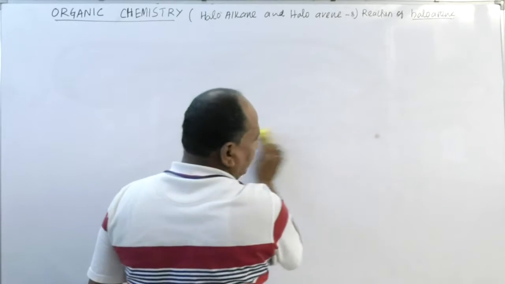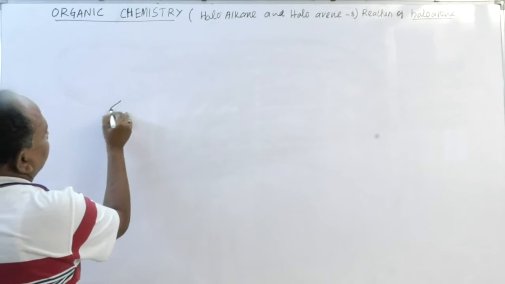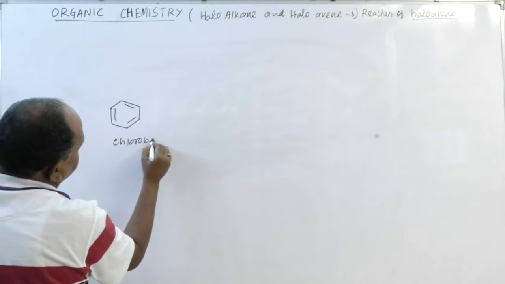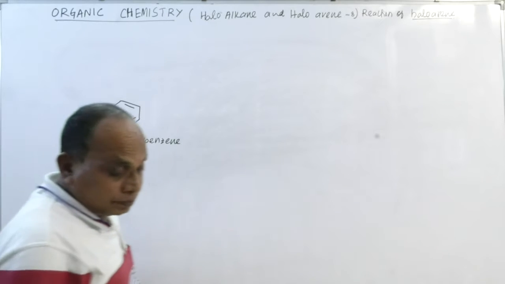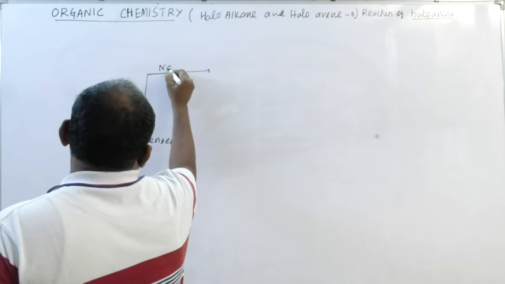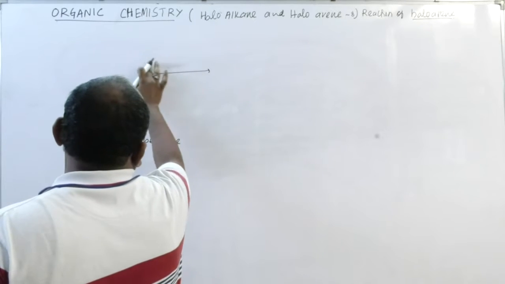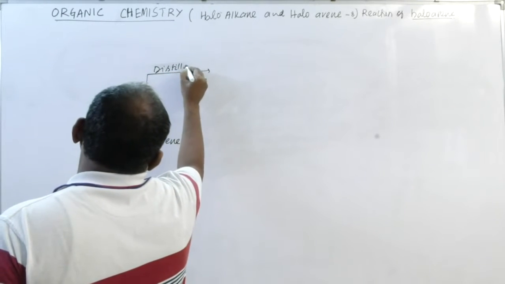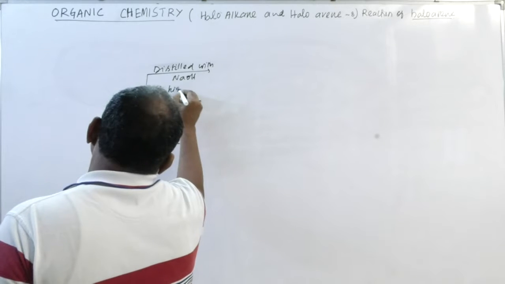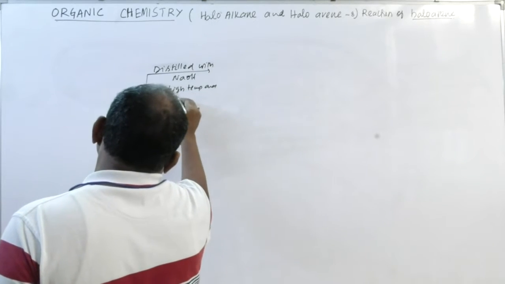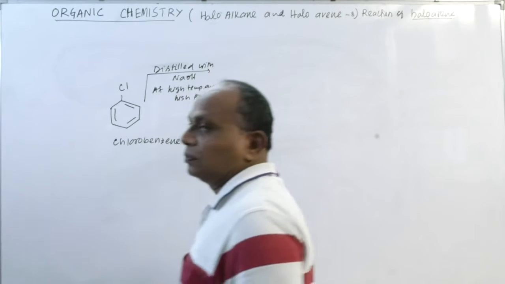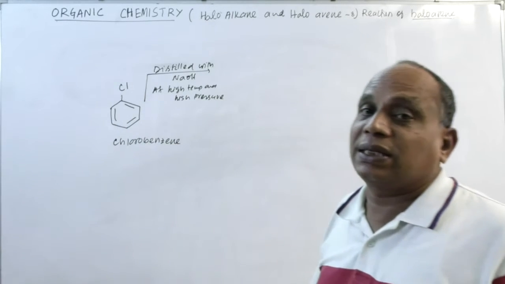Starting with chlorobenzene, when treated with sodium hydroxide at high temperature and high pressure, the chlorine atom undergoes substitution.